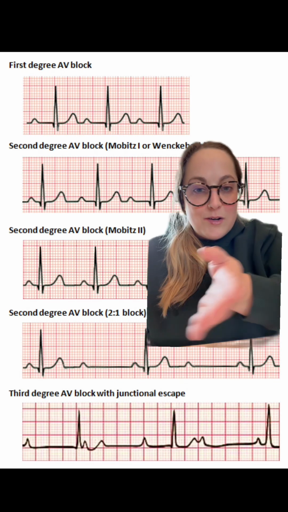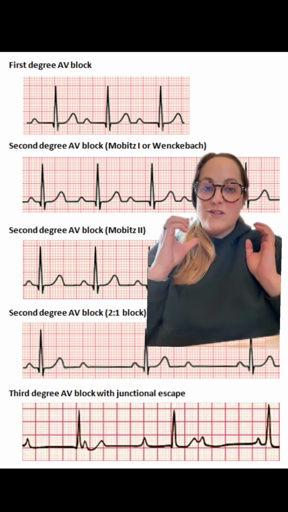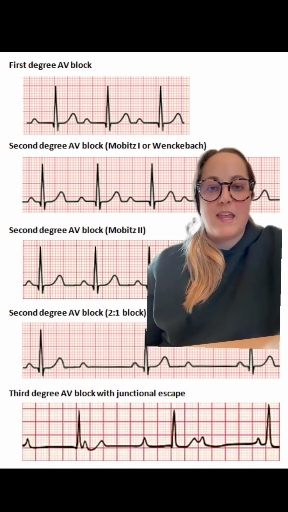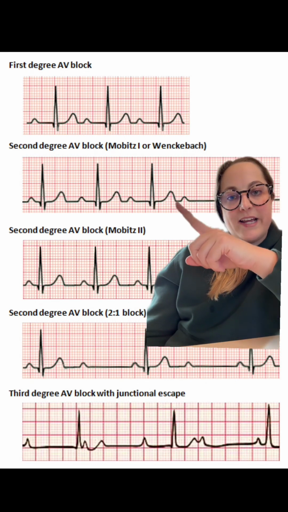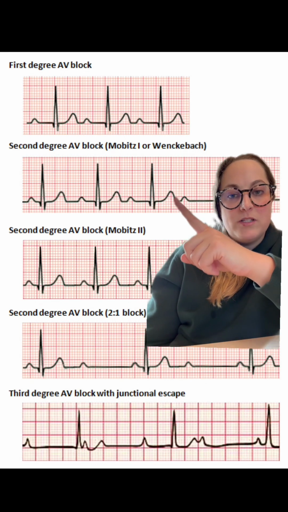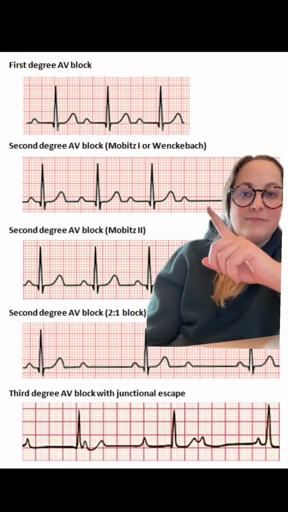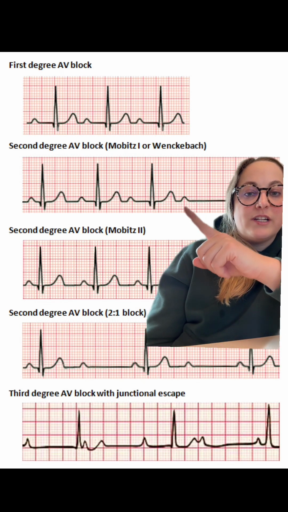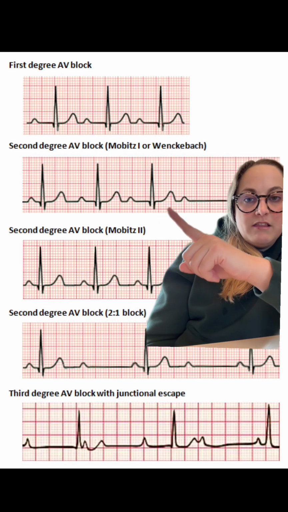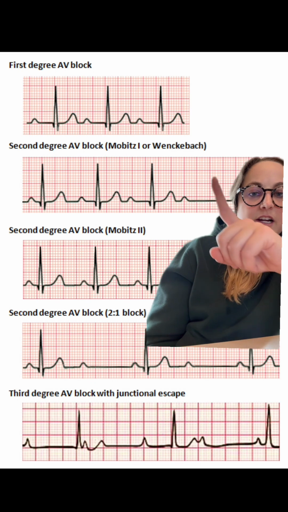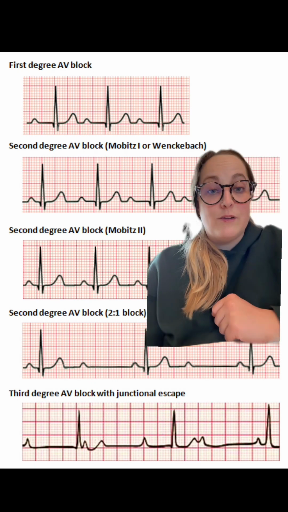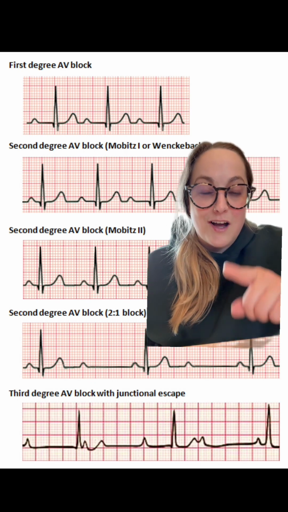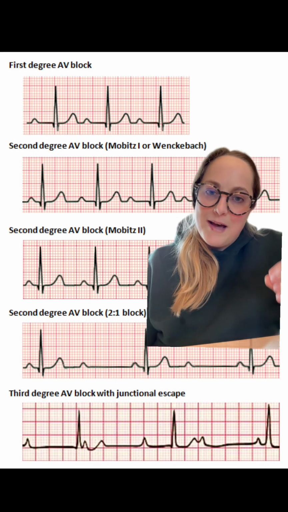Somewhere along the road, things aren't going the way they should, and it just takes longer than normal. Building off of this, you have a second-degree type 1, or a Mobitz 1 or Wenckebach. In this rhythm, your PR interval gets longer and longer and longer until you drop an entire QRS. You can remember this by longer, longer, longer, drop. Now you have a Wenckebach.